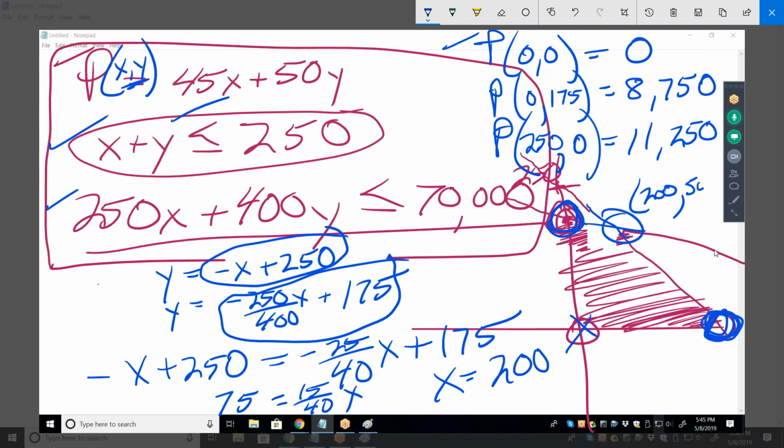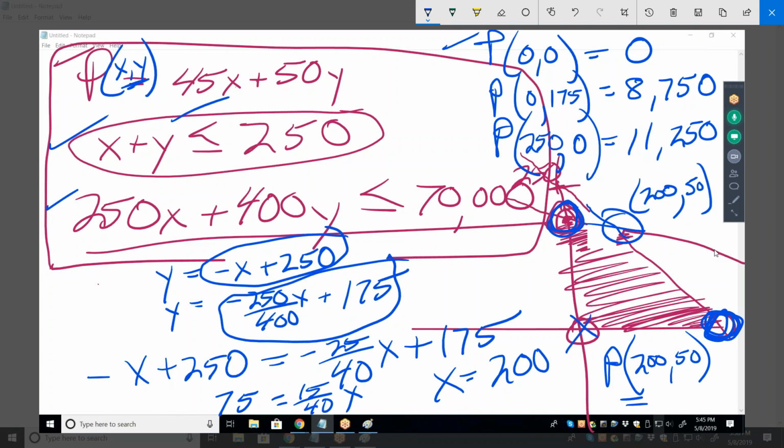That's right. So now we plug that x and y value into our objective function. I'll write it down here. The profit when x is 200 and y is 50.